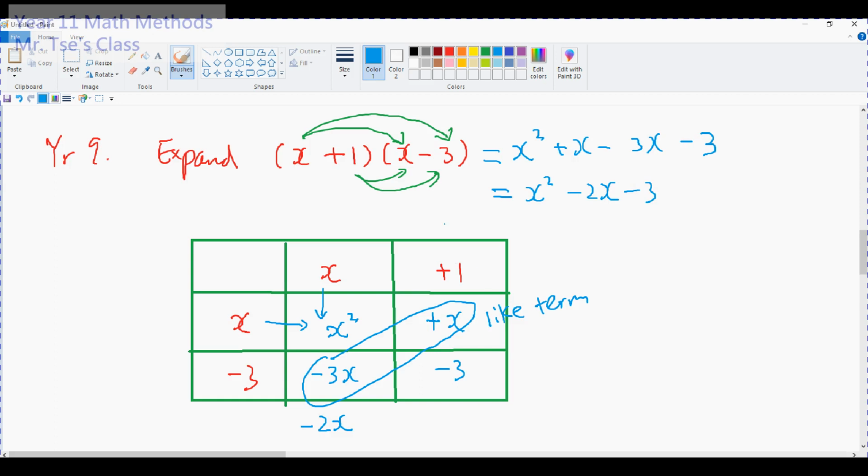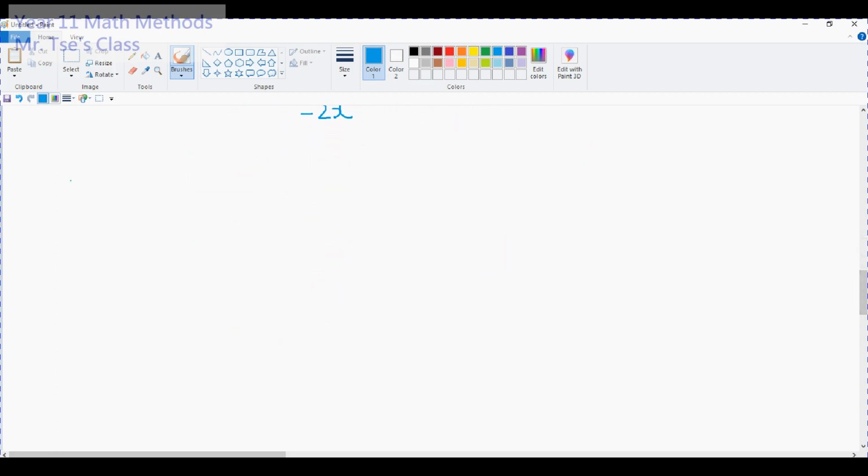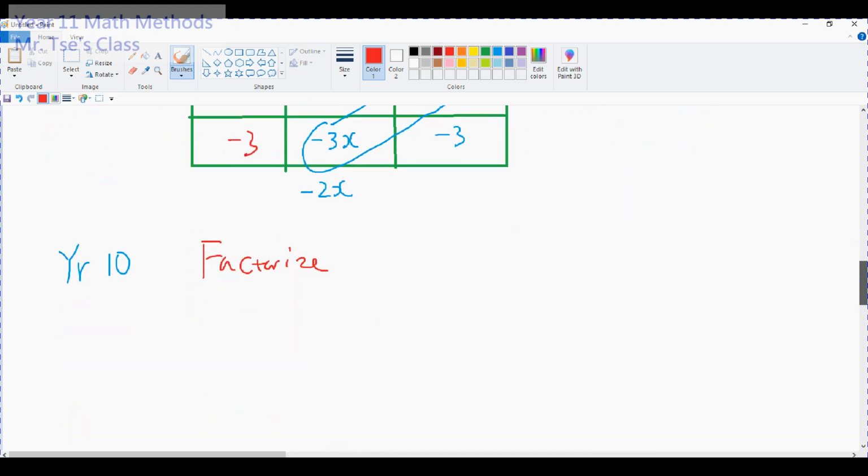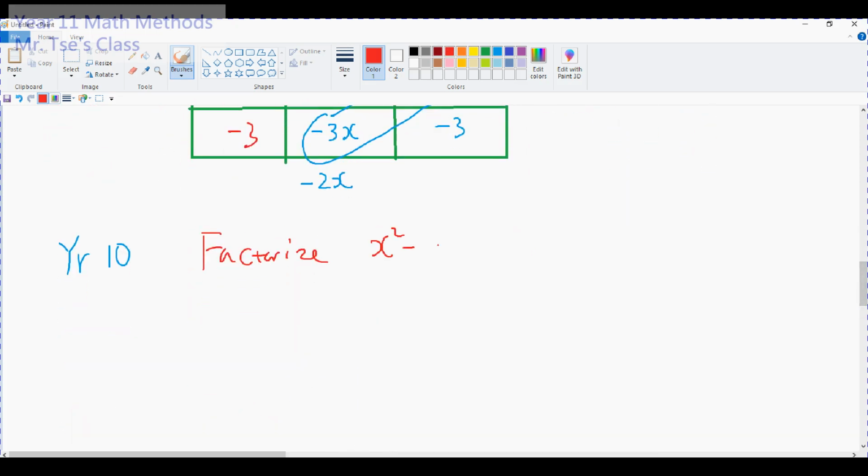So you can use a table to expand the two bracket multiplications. But the problem in year 10 is how can you factorize? In year 10, it's more about how you can do it backward. Like, how can you factorize this?